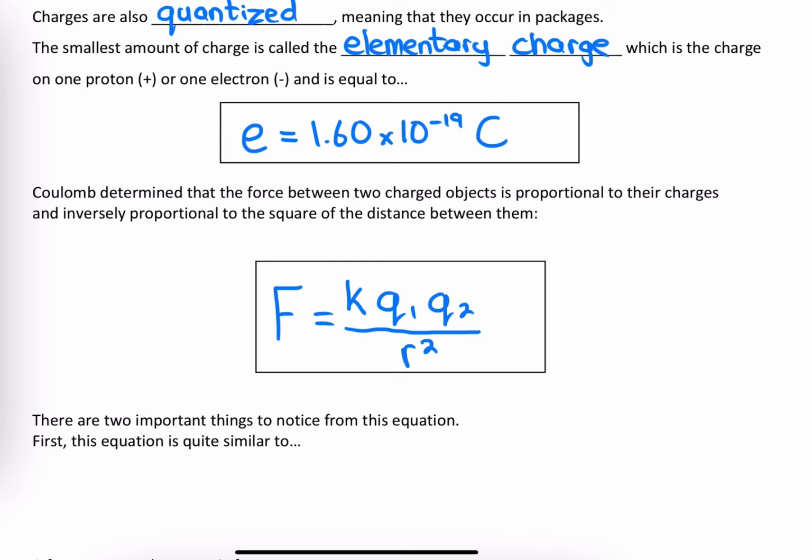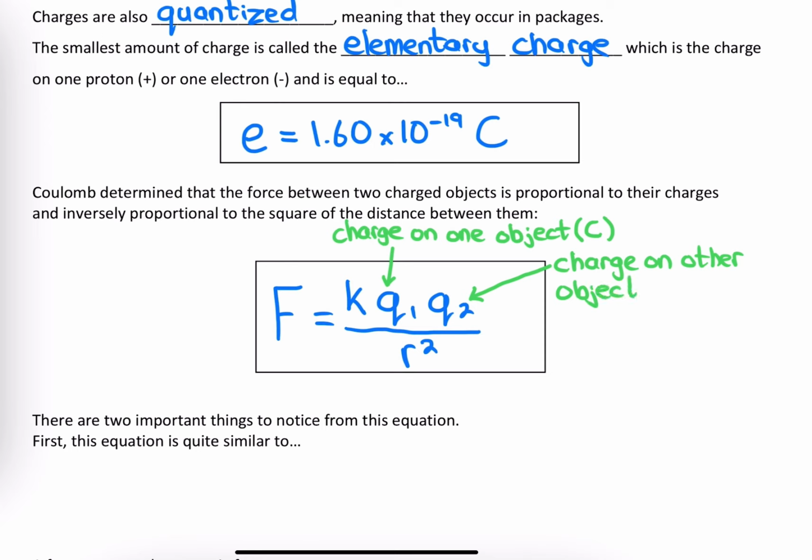So let's talk about some of the things in this formula. Q1 is the charge on one object, and it'll be measured in units of coulombs. Q2 is the charge on the other object, and it's also going to be measured in coulombs.